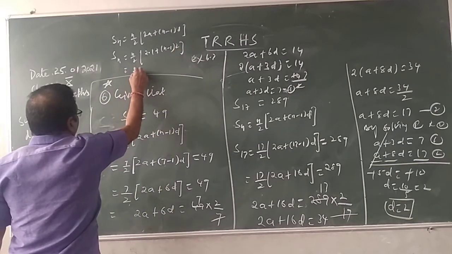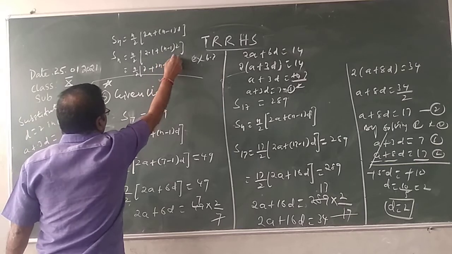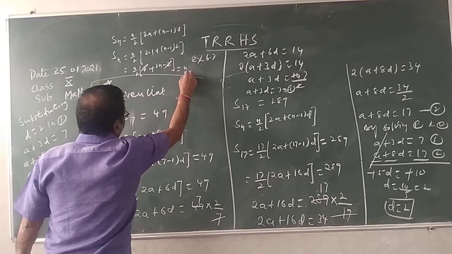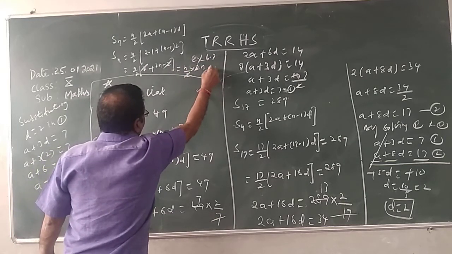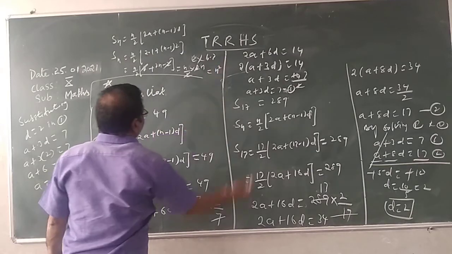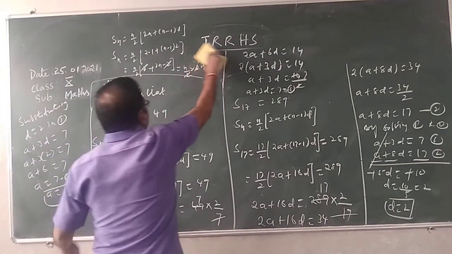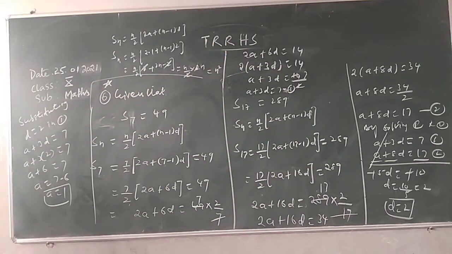So n by 2 into 2 plus n minus 1 times 2, which is 2n minus 2. Plus 2 minus 2 cancel. So n by 2 into 2n, the 2 cancels, so n into n, n square. So the sum of the first n terms is n square.